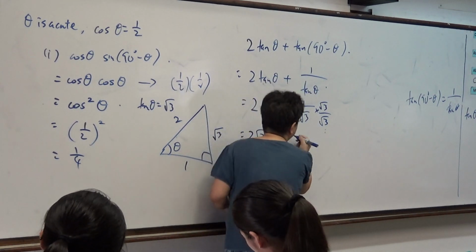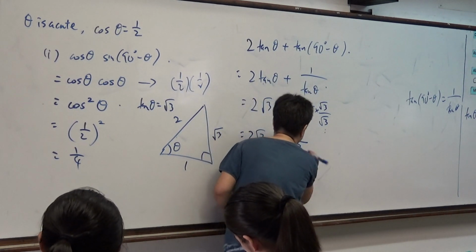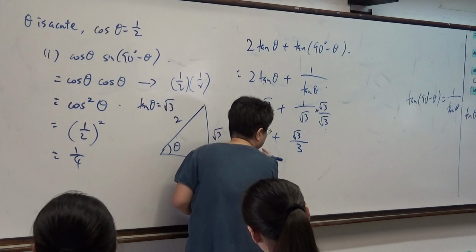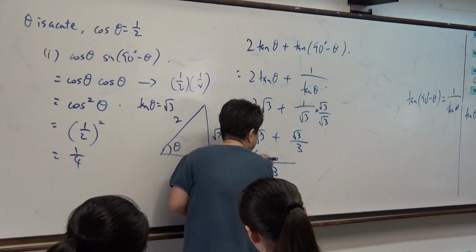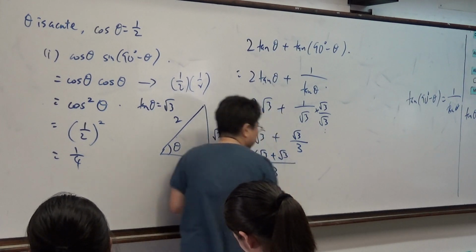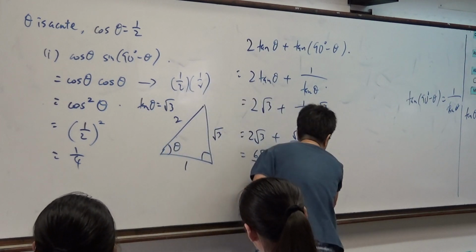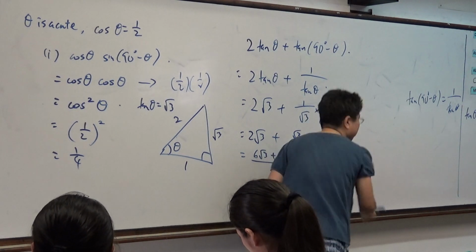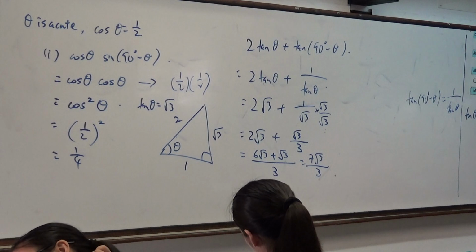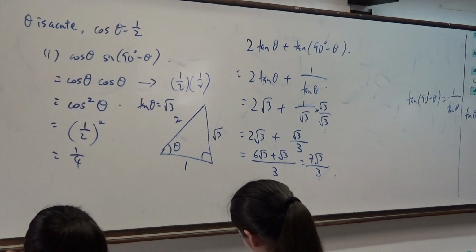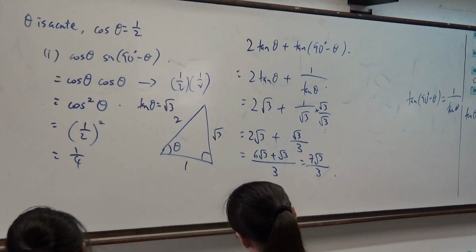So this is root 3 over 3. So this is over 3, right? 6 root 3 plus root 3. So what is it? 7 root 3 over 3. Is that clear? Okay, try rationalizing. Are you all okay so far? Okay, good. Now, next page.